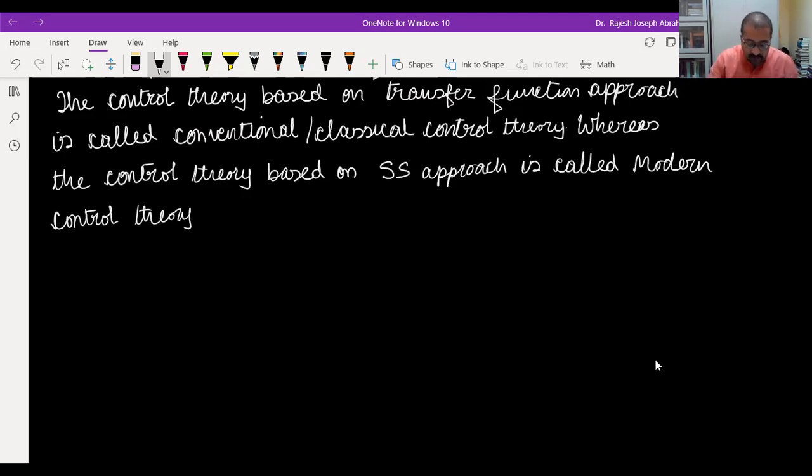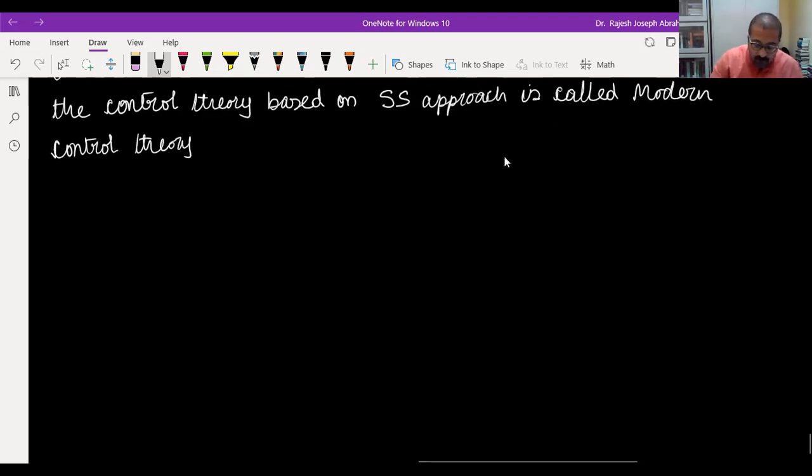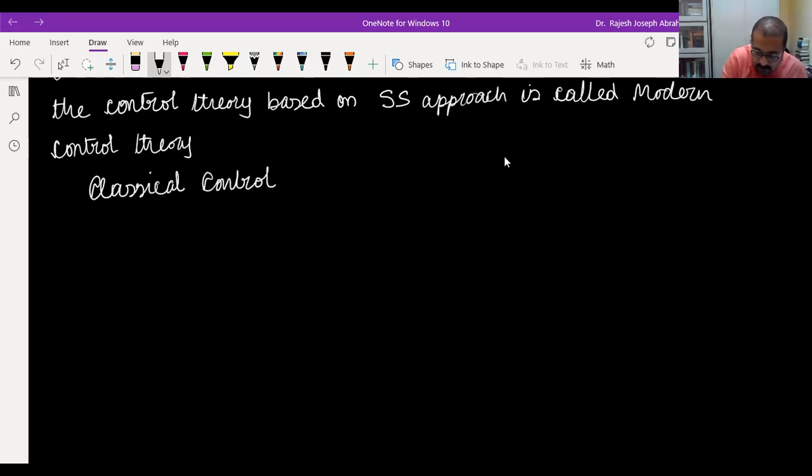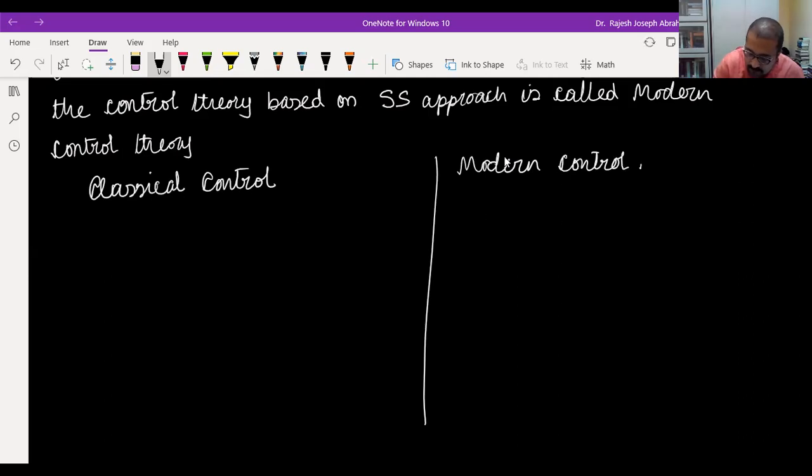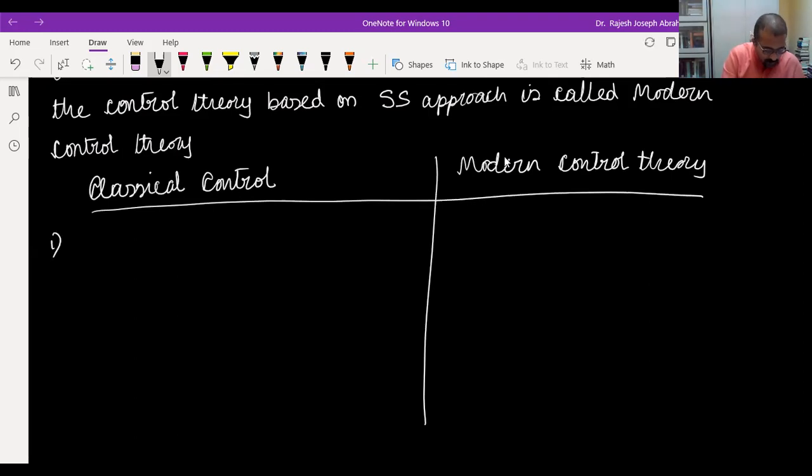Okay, so first let me write the advantages and disadvantages of classical control and modern control. Classical control, and here we have modern control. What's the first problem? As I said before, it is suited for LTI SISO systems.